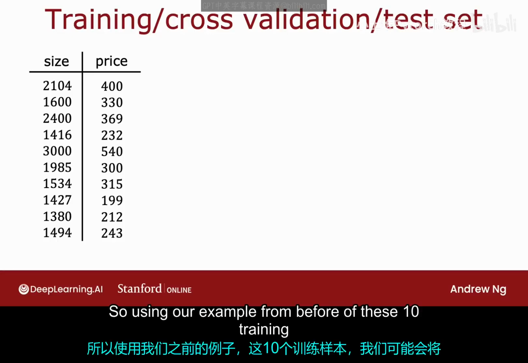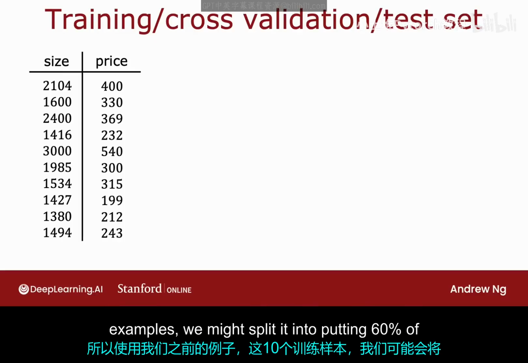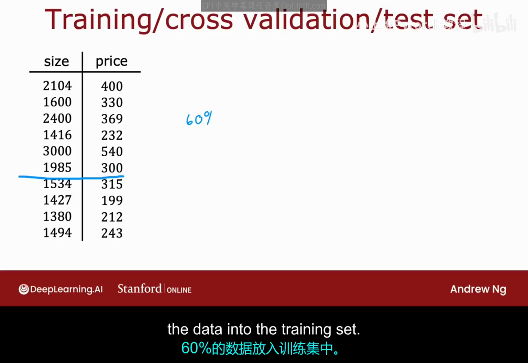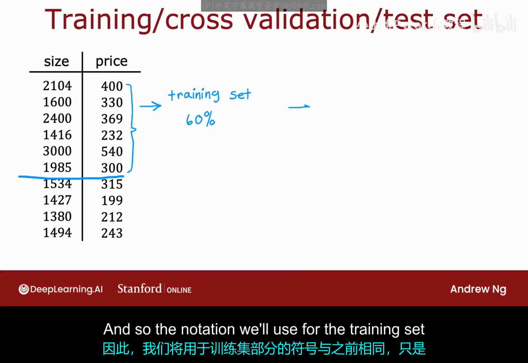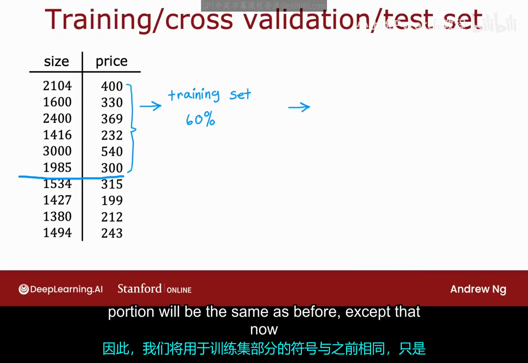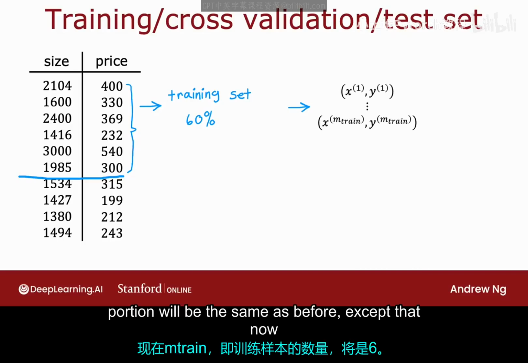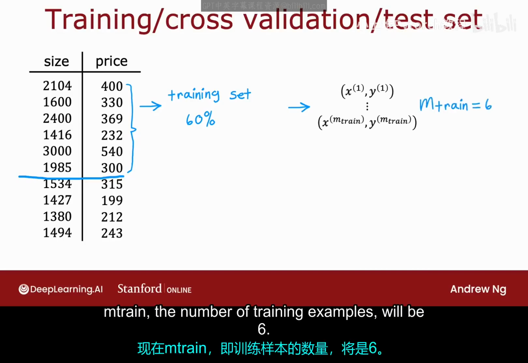So using our example from before of these 10 training examples, we might split it into putting 60% of the data into the training set. And so the notation we'll use for the training set portion will be the same as before, except that now mtrain, the number of training examples, will be 6.